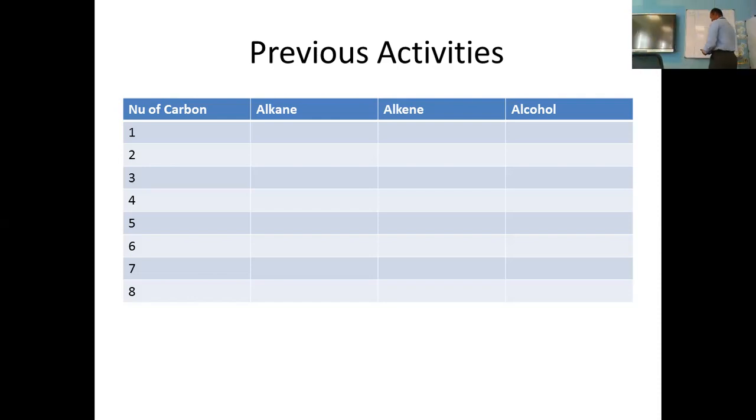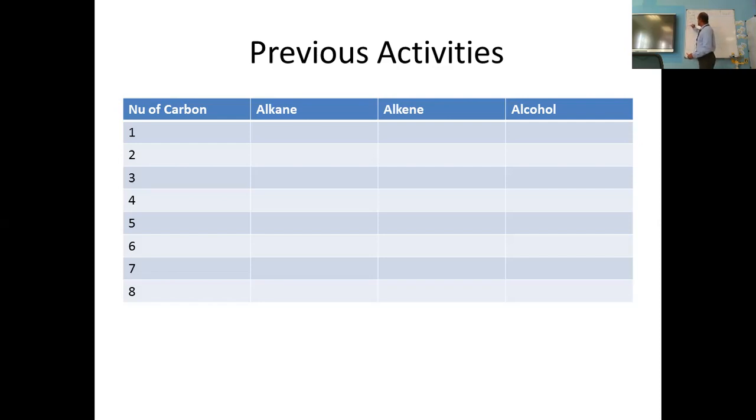So for those students who's watching my video for the first time, the number of carbon in organic compound are given with some prefixes. So if you're having 1, it is given the name of meth. If you're having 2, given with eth.